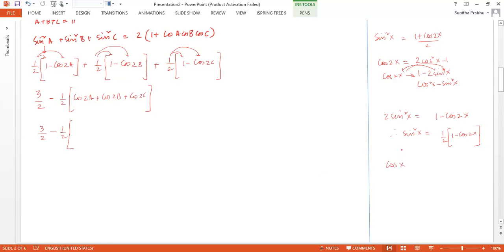Very good. Cos 2a plus cos 2b plus cos 2c is minus 1 minus 4 cos a cos b cos c, right? So minus half of minus 1 minus 4 cos a cos b cos c.